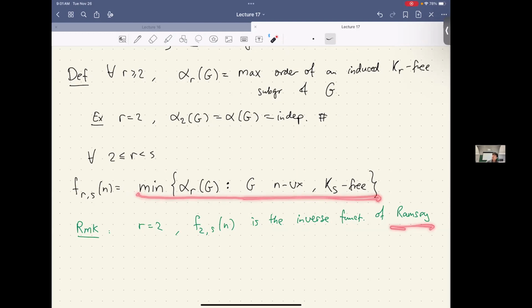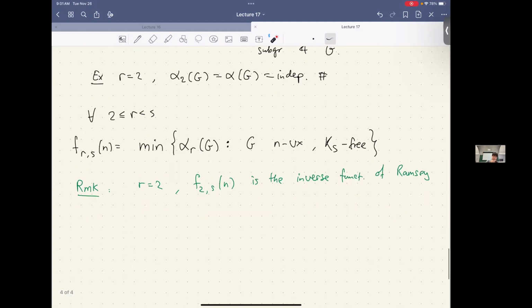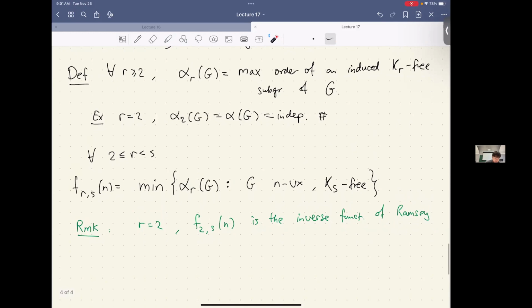That's precisely the inverse function of Ramsey, right? Is that clear? Okay. If it's not clear, you can try to digest it afterwards. It's basically the same.